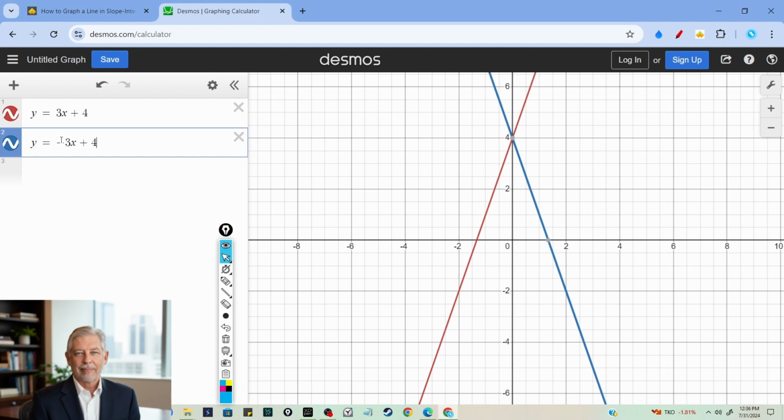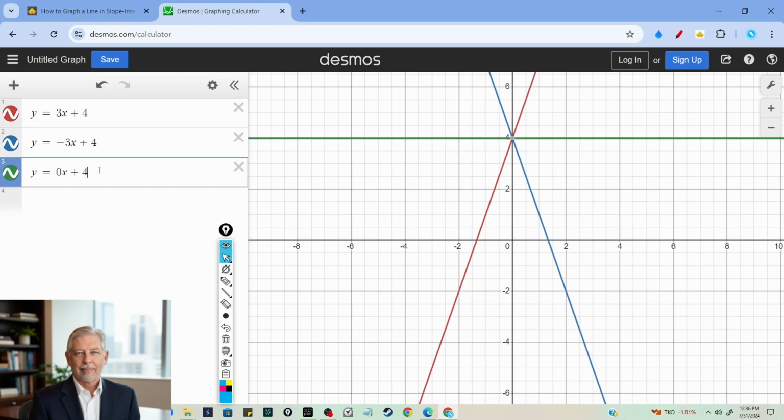What if I have zero slope? How would I write zero slope? Y is equal to 0x plus 4. What happened? If you have zero slope, it's a horizontal line right here.